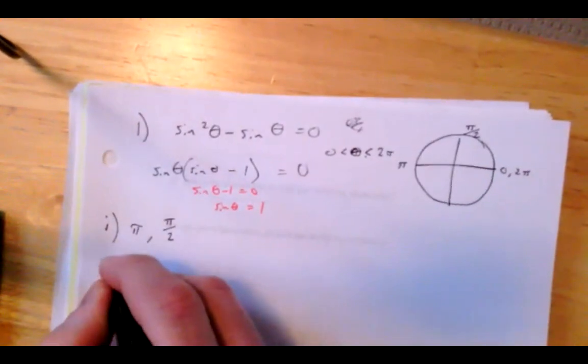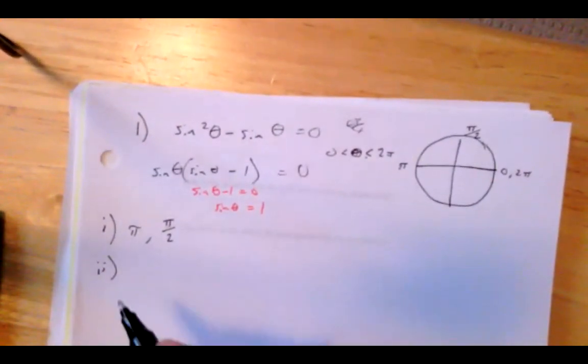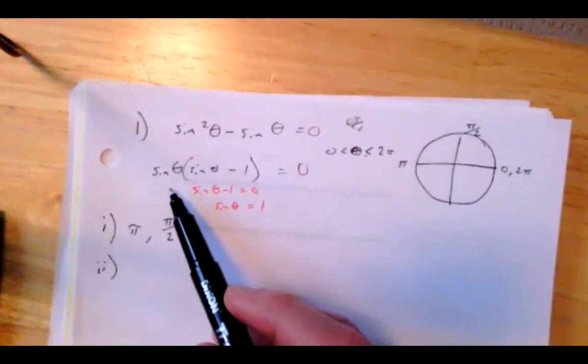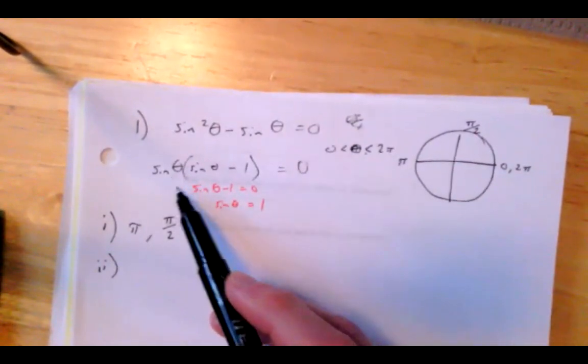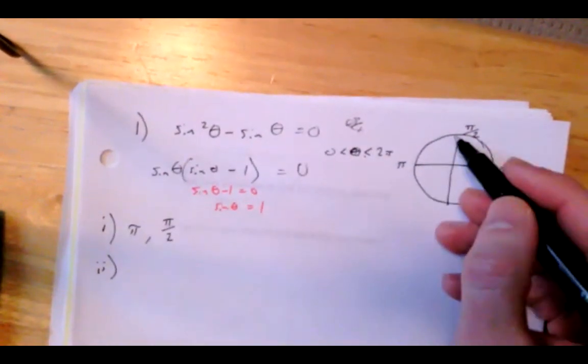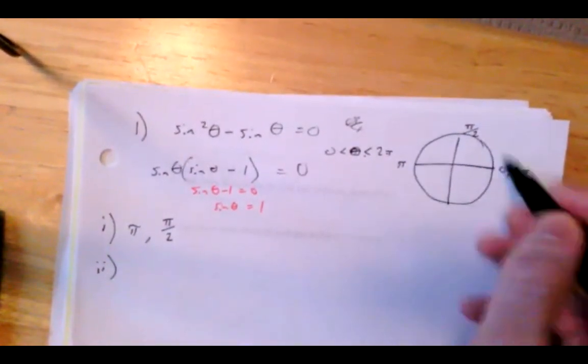Over the reals, it's the exact same thing, but now we're adding the period. If this was tan, and I don't know if you're doing any tan, then the period is just pi. But for sine and cos, the period is 2 pi. It takes 2 pi to go all the way around again.